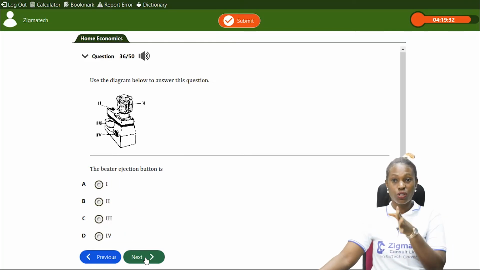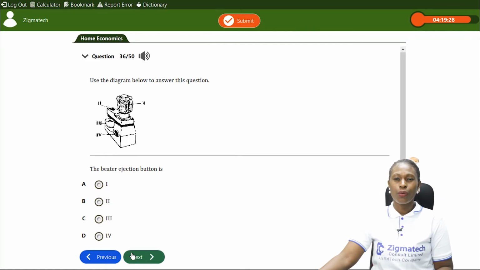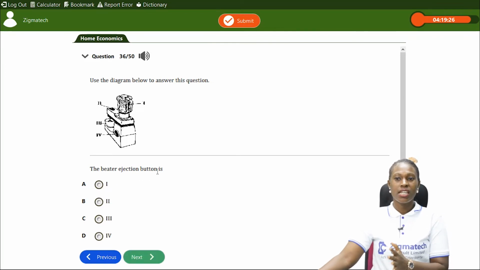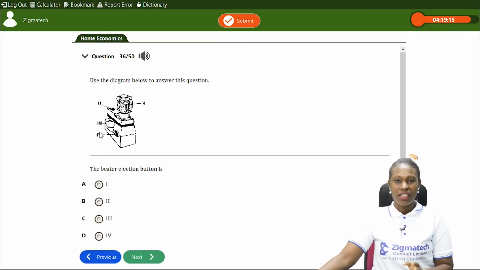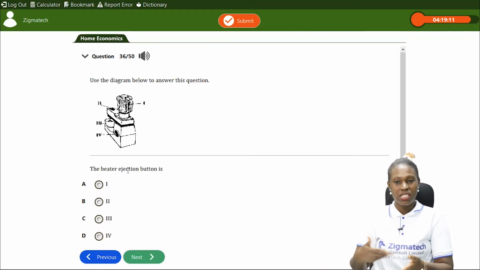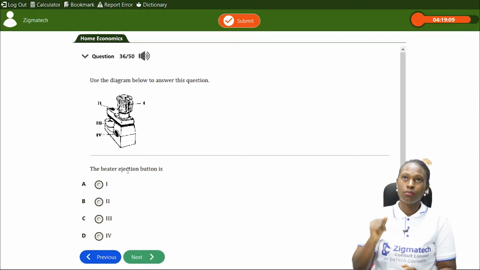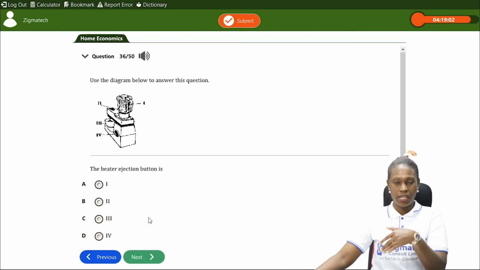So, we're still attempting questions based on the diagram. Now, they said the beater ejection button is, now you have these other parts labeled. We've been able to identify this one. So the other ones, which of these is the beater ejection? Okay, now the beater ejection would be where you have your mixer itself, the whisks.